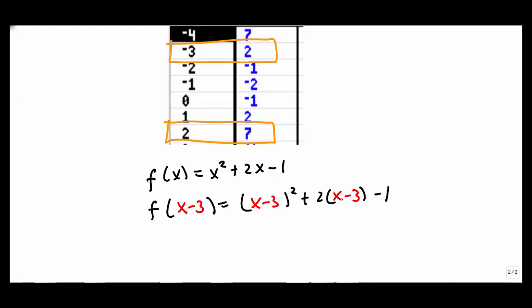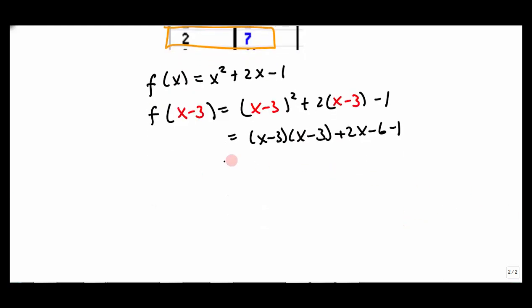And then from here, of course, we can simplify this by expanding, combining like terms. So for this case, x minus 3 squared means x minus 3 times x minus 3. I can distribute the 2, plus 2x minus 6 minus 1. And then of course we can FOIL this, first, outsides, insides, and last. X squared plus 3x plus 3x plus 9. And then of course we can drag all of this along and combine like terms.